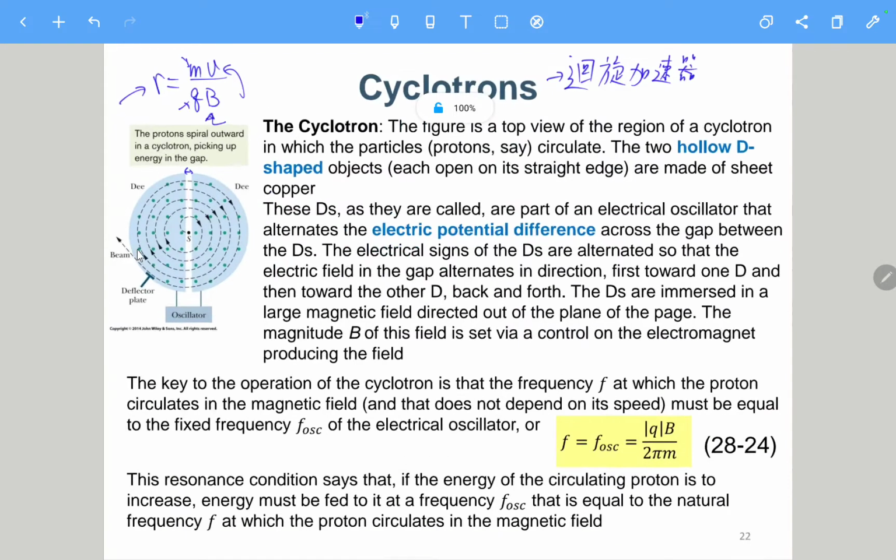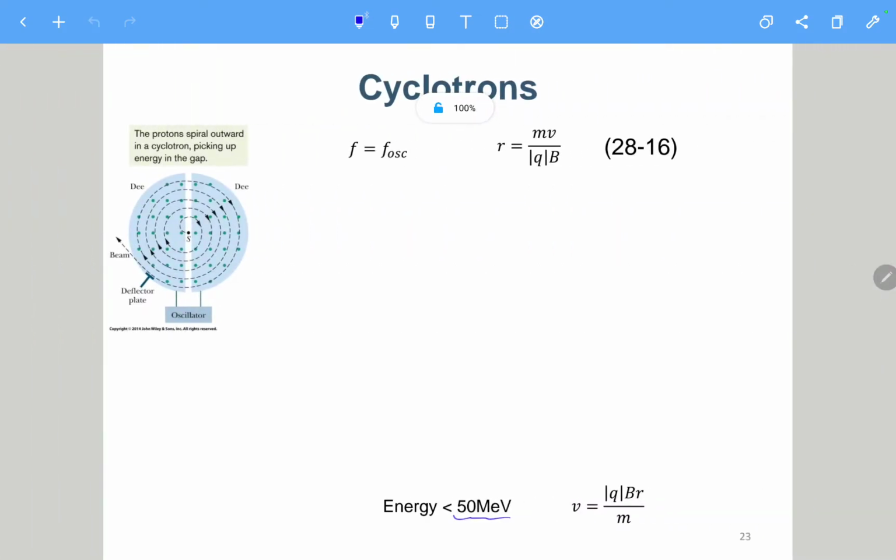If you need some more detail, I can try to draw it here. Suppose at the beginning it is shot out to the left side with a velocity. In that case, there will be circular motion in this region, so it will go like this.